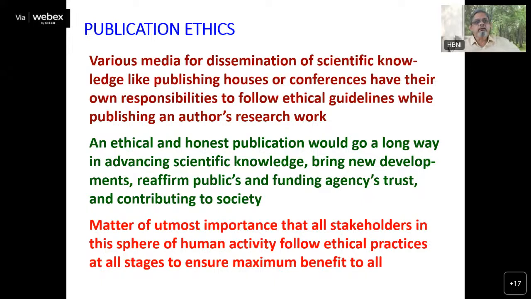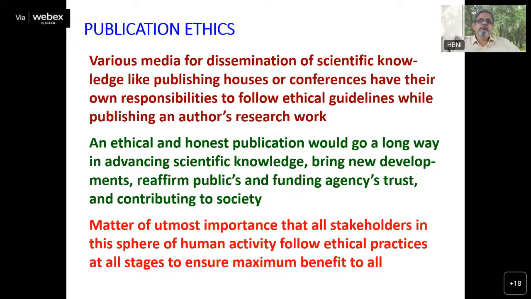There are various media available for scientists to disseminate their scientific knowledge. So what are these? We have publishing houses. The popular ones are like Elsevier, for example, or the American Physical Society, or even our Indian scientific societies. These are what are called publishing houses, which publish scientific journals.